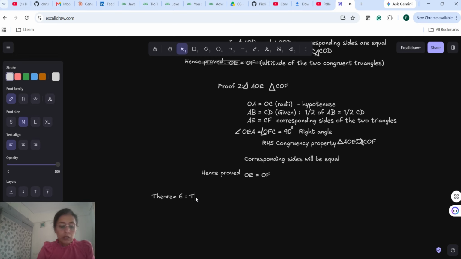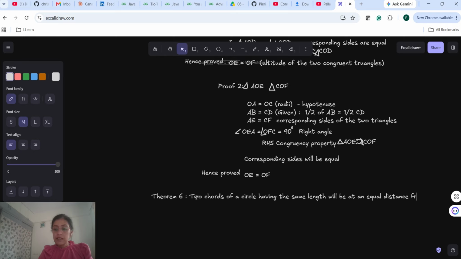So two chords of a circle having the same length will be at an equal distance from the center of the circle.